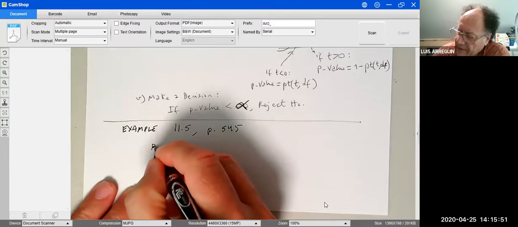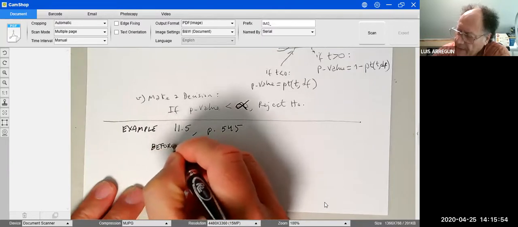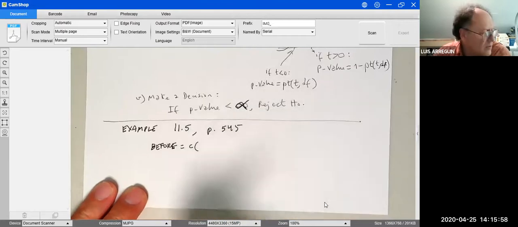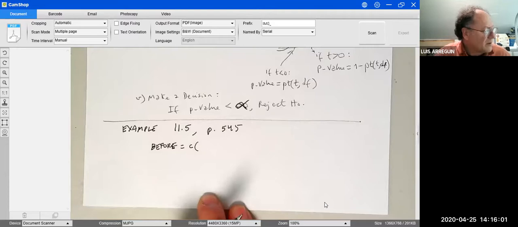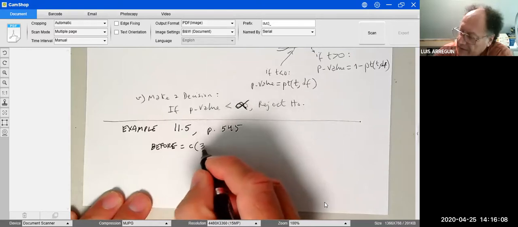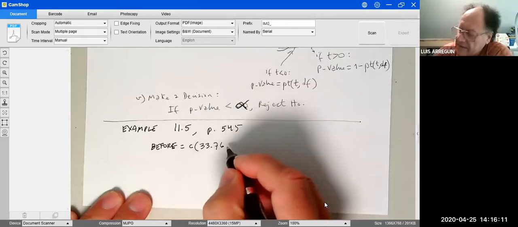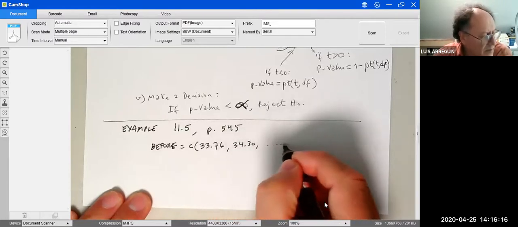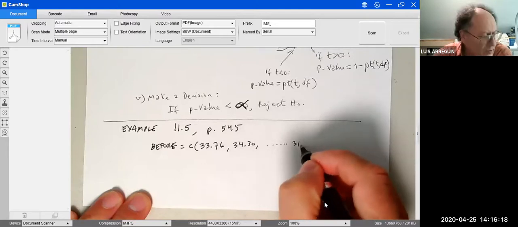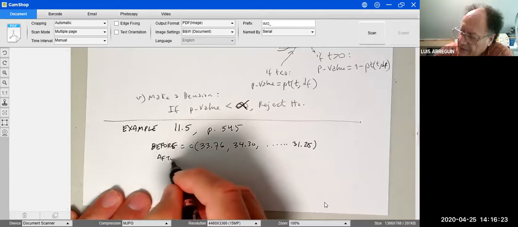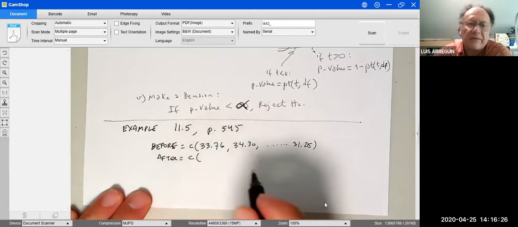You can write that before, and then you're going to enter all the corresponding values for the first case when you have your car before the tune-up. So you're going to have 33.76, 34.30, and the last value is going to be 31.25.